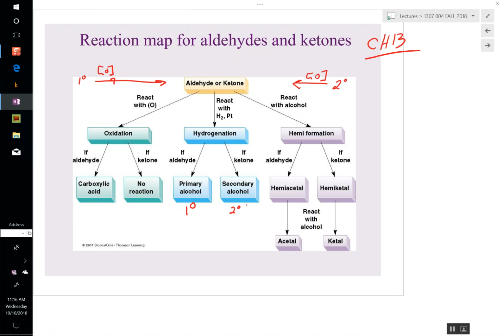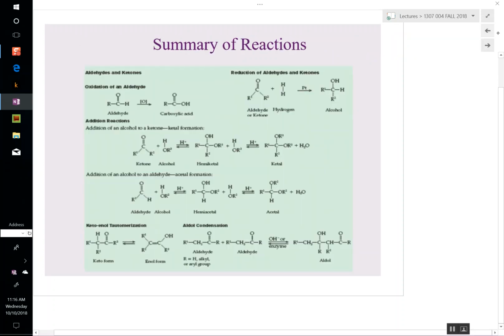Is that all the reactions? Are we missing something? Let's see what this next slide has. Here's one more summary. This is the same thing. Aldehyde oxidizes to that. There's the hydrogenation of an aldehyde or a ketone.